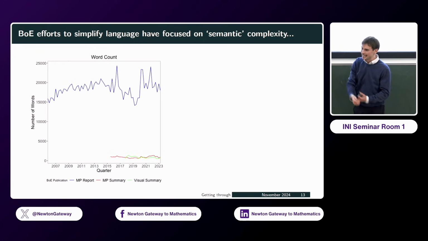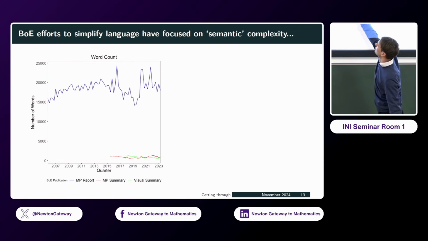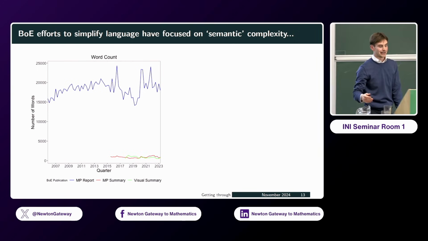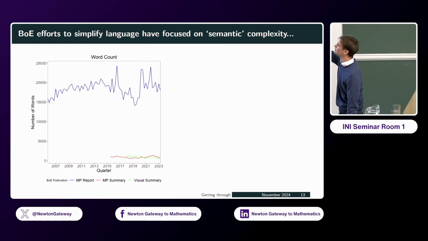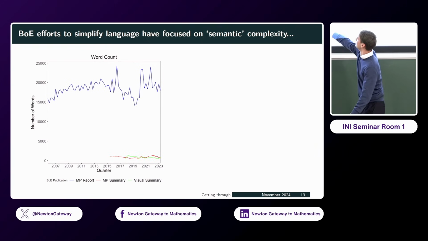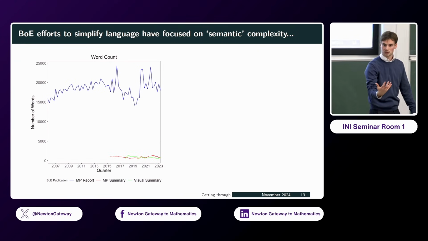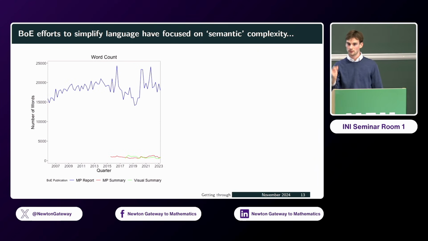We see the increase in the length of the reports, going from around 15,000 words to around 22,000. And then around 2014-15, there's this trend decline to around 2019, as we realized, oh, maybe it's not just quantity of information, but also quality of the information that we provide.